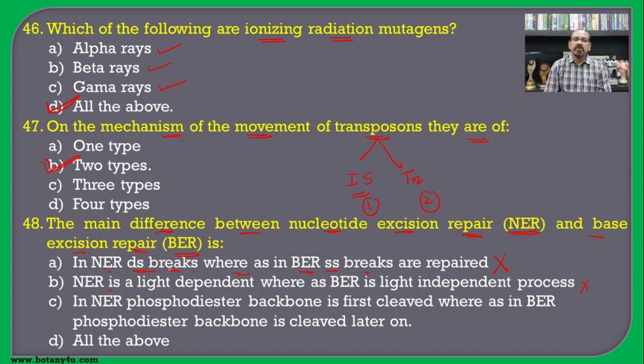This is also the wrong one. Then in nucleotide excision repair, phosphodiester backbone is first cleaved, whereas in base excision repair, the phosphodiester backbone is cleaved later on. And this is the correct difference between nucleotide excision repair and base excision repair. And hence C is the correct answer for this question.